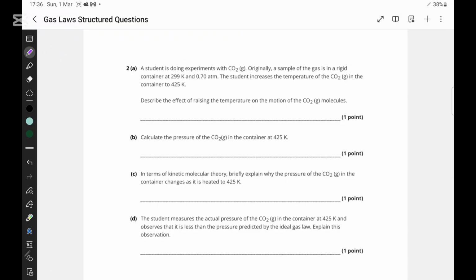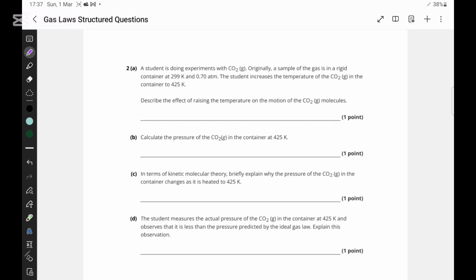So the next question says a student is doing experiments with CO2. Originally a sample of the gas is in a rigid container at 299 Kelvin and 0.7 atm. The student increased the temperature of CO2 in the container to 425 Kelvin. Describe the effect of raising the temperature.